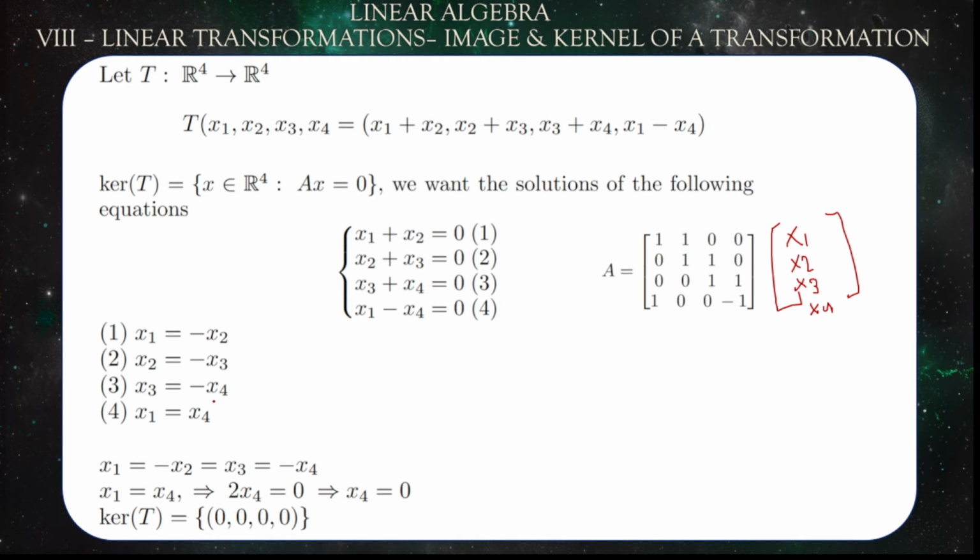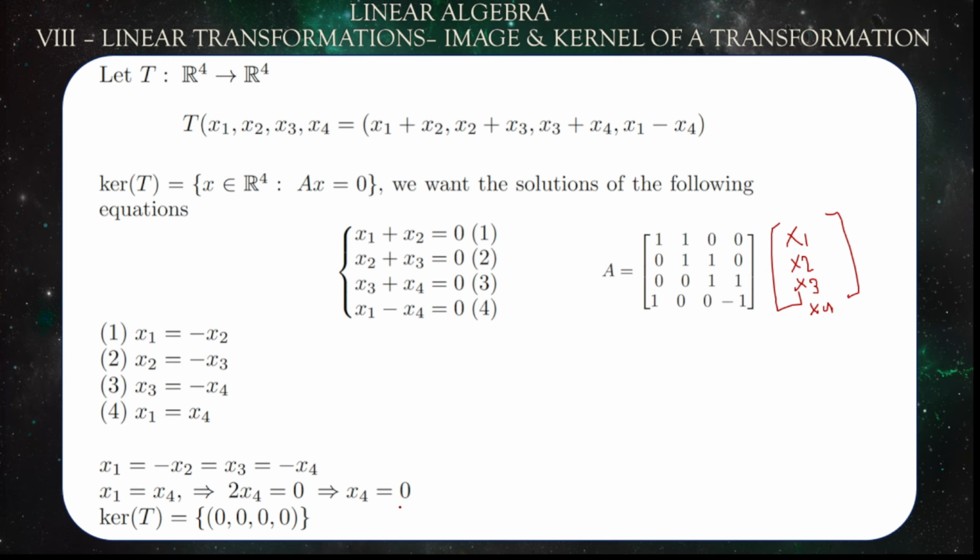Now you start replacing them. So x1 is equal to minus x2, which is equal to x3, which is equal to minus x4, with x1 equal to x4. So you have x1 equal to x4 and x1 equal to minus x4, so 2x4 is equal to 0.